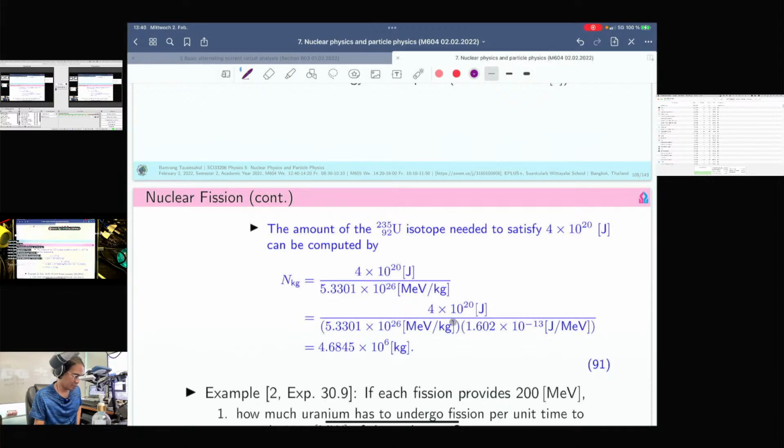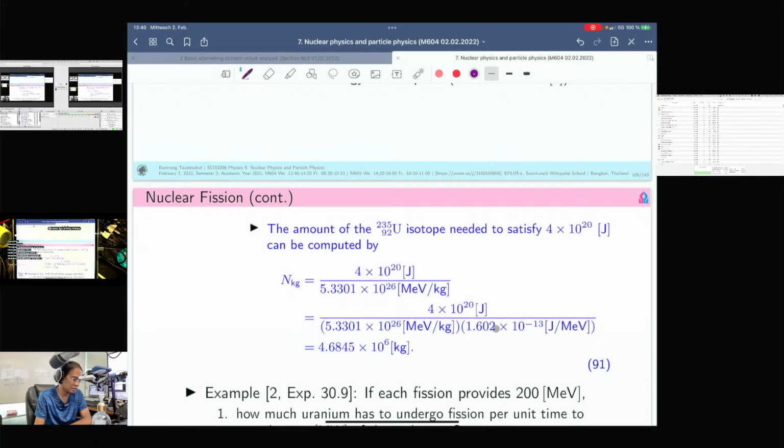For example, 1 electron volt is equal to 1.6 times 10 to negative 19 joules, right? But we consider mega, so you have to multiply by 1 million. So 1.602 times 10 to negative 19, which is the charge of the electron, multiplied by 10 to 6, is going to be 10 to negative 13 joules per MeV.